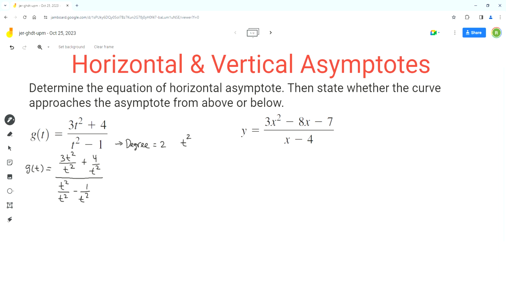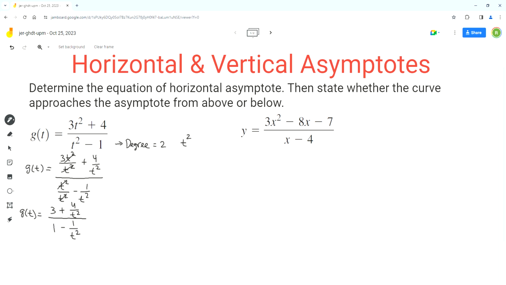Now we can simplify this expression. In the numerator, in the first fraction we can cancel out the t squares, so we just get 3 plus 4 over t squared. And in the denominator, we cancel out the t squares, so we just get 1 minus 1 over t squared.